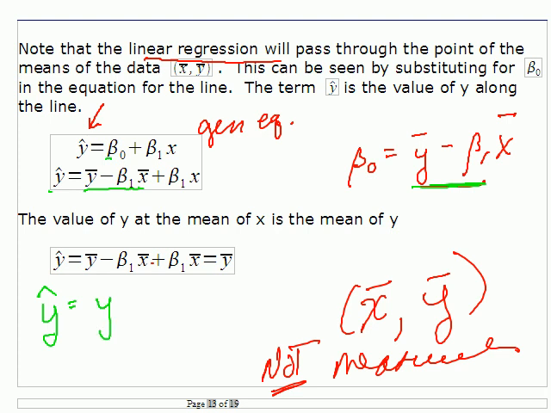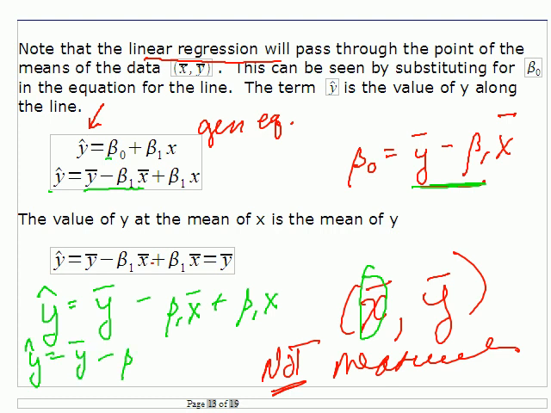It's the average of the y's minus beta 1 times the average of the x's plus beta 1 times x. Now what if I evaluate this at x bar? I put x bar into this equation, what am I going to get? You can see it right away. Minus beta 1 x bar plus beta 1 x bar, because I substituted. Those are gone. It's equal to y bar.